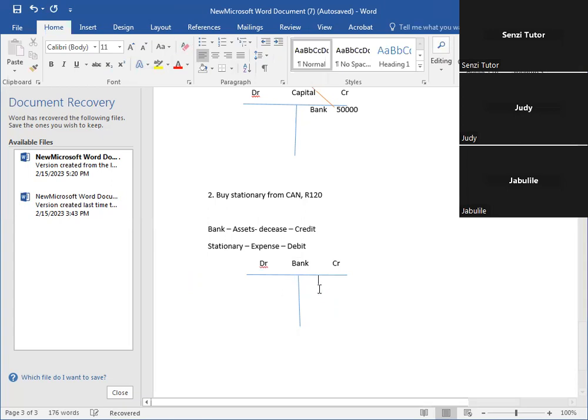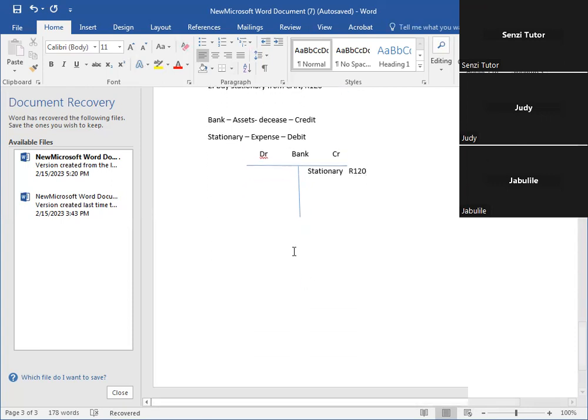A bank, we know that a bank must be decreased. Stationery will decrease our bank. How much is it? 120. Yes, it's 120.